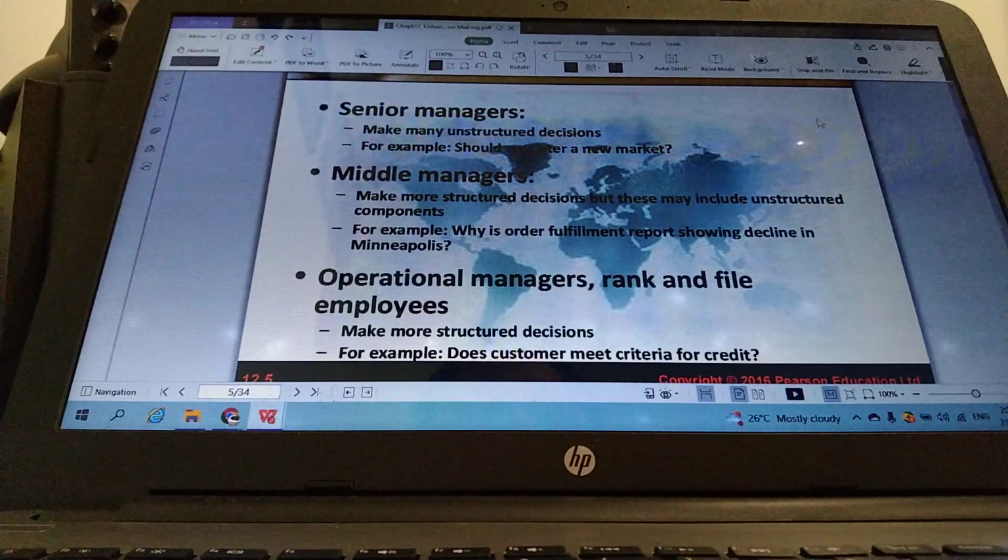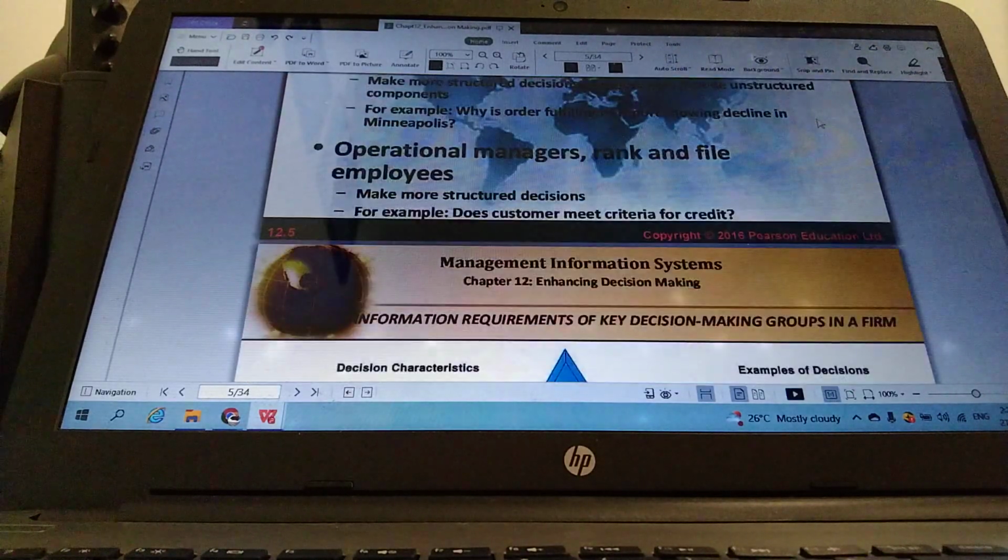So I think it's quite clear now that we have seen what the types of decision are that need to be made in any particular company, and who the people are and what type of decision they need to make, or they are responsible for or involved in on their job on a daily basis.